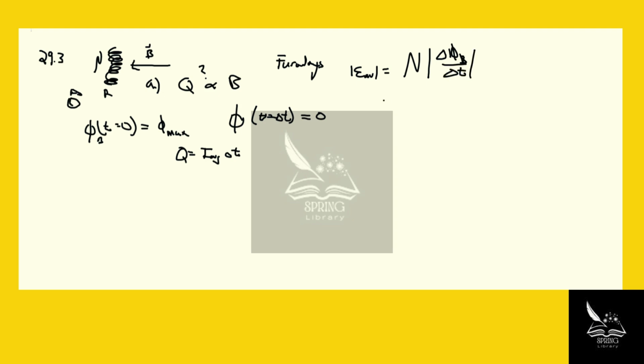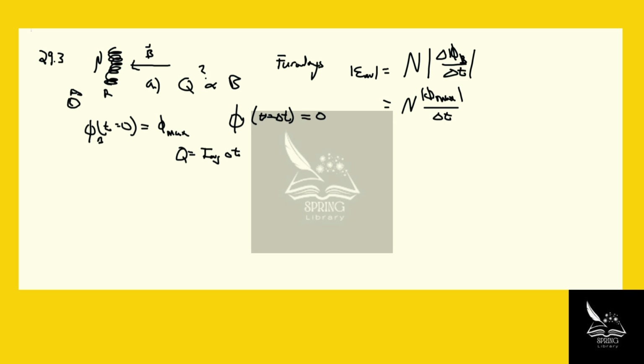Since the change in flux is the final minus the initial, and we're just looking for the magnitude, that's just phi max, our maximum flux, all over delta t.